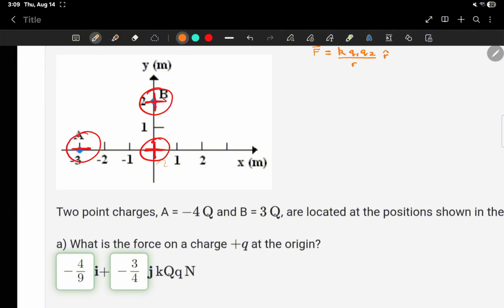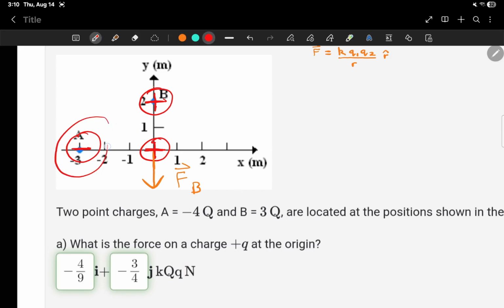So what that means is that Q will have a force on it pointing in this direction from charge B. And charge B would have a force on it from charge Q, positive Q at the origin, pointing that way, but we don't really care about that force. We're focused here only on the charge at the origin.